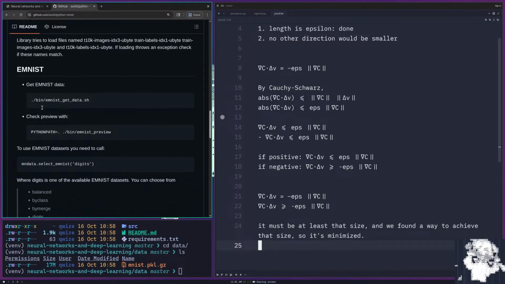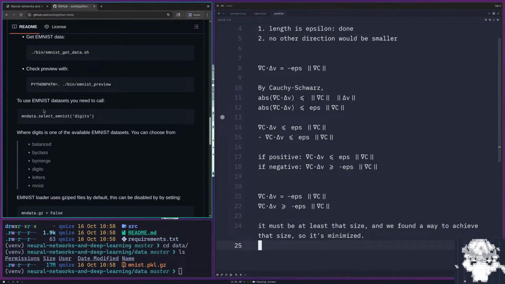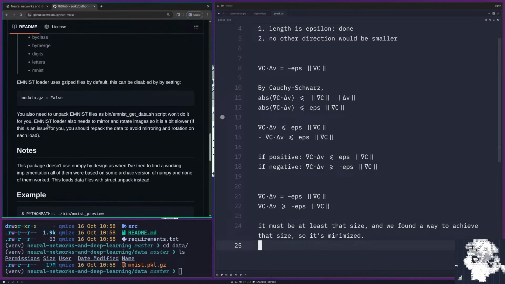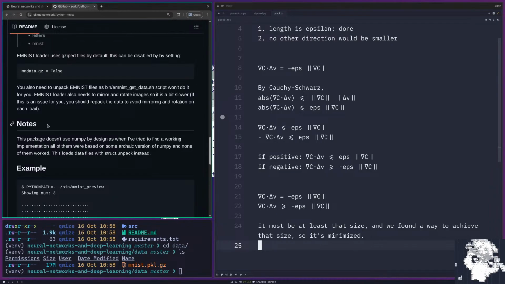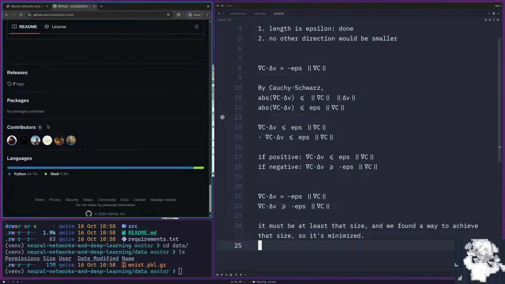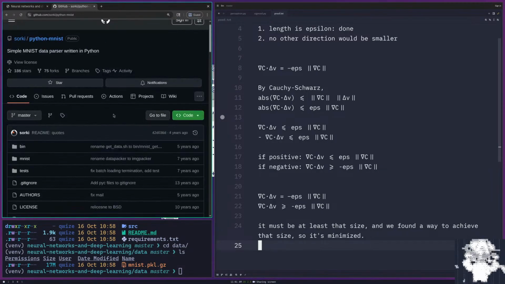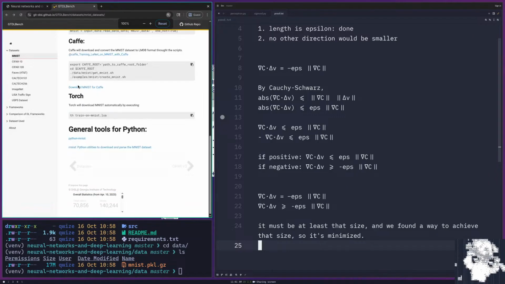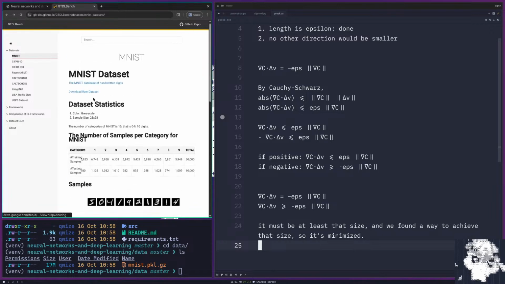What's eMNIST? Download a raw data set from Google Drive.